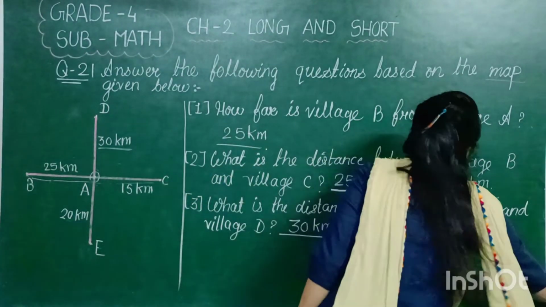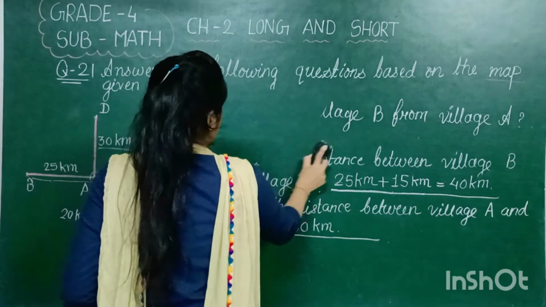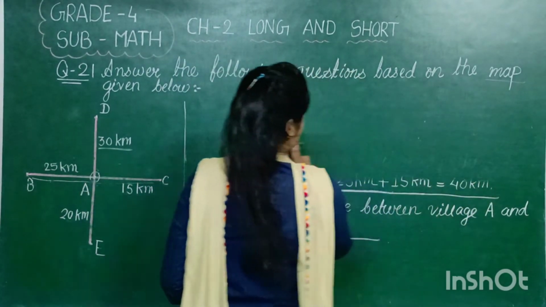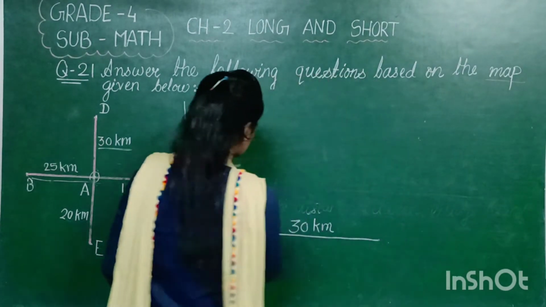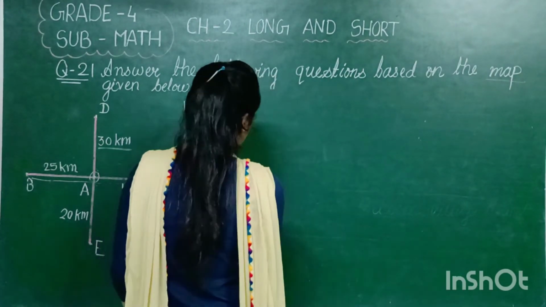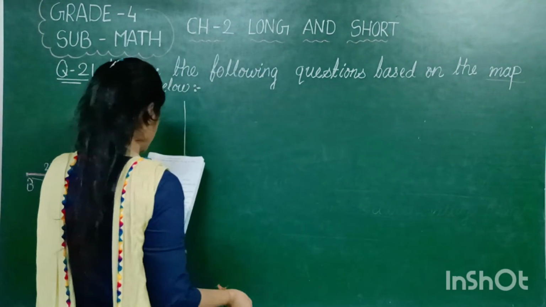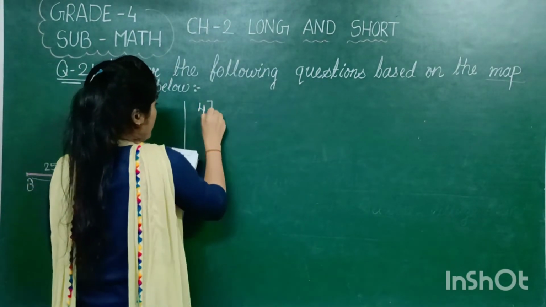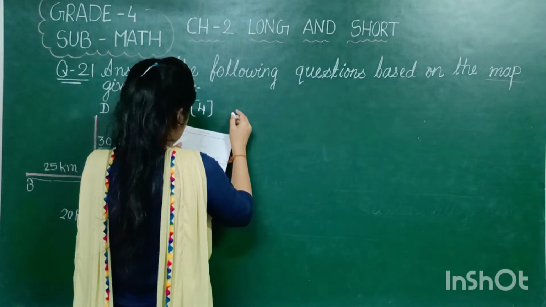Now question number 4. It is a very easy task and you can do it by yourself also with different points and different distances. Number 4. What is the distance between village E and village D?